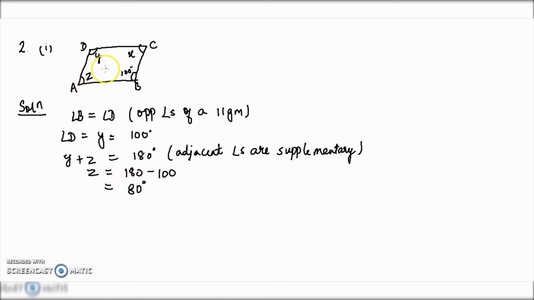Now Z and X are opposite. So X is equal to Z because they are opposite angles of a parallelogram.